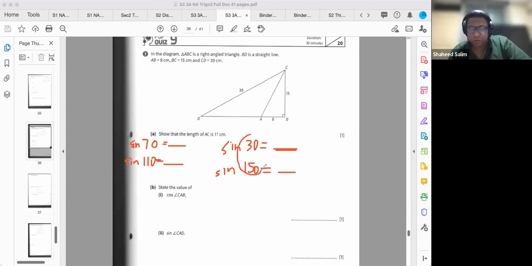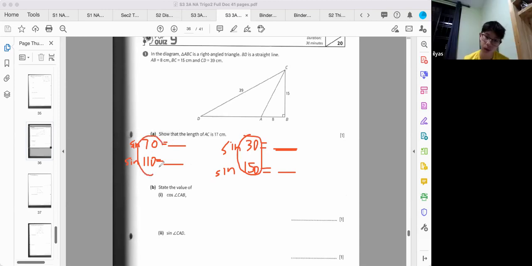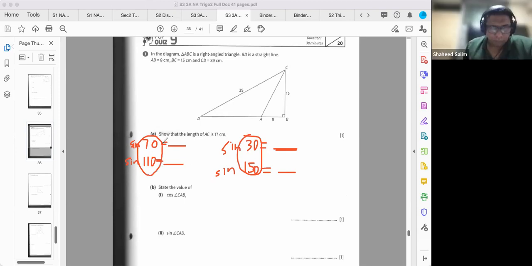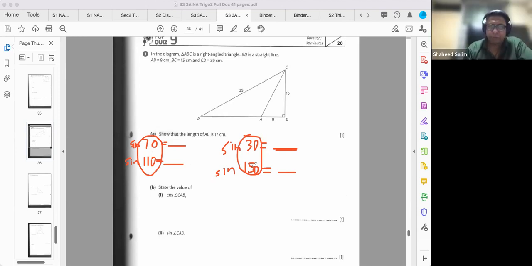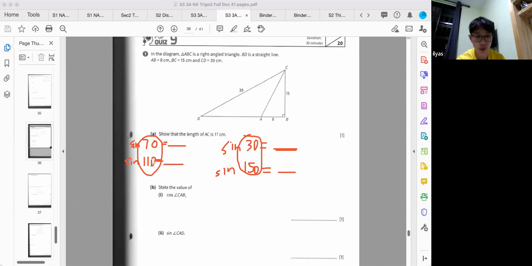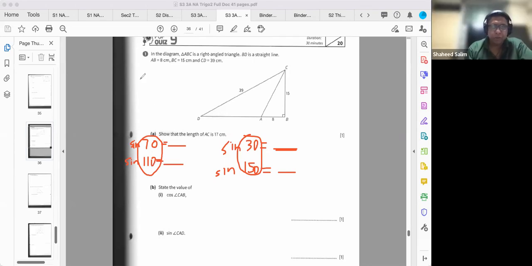You add these two, what does it become? You add 30 plus 150, 180. 110 plus 70 is 180. So if I ask you, what is sine 20 equal to?